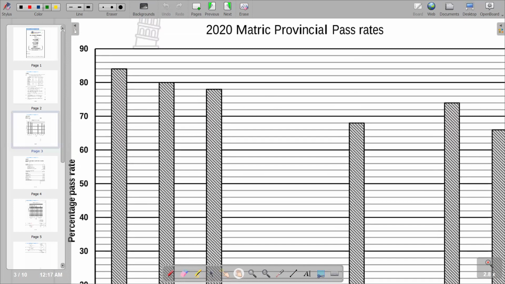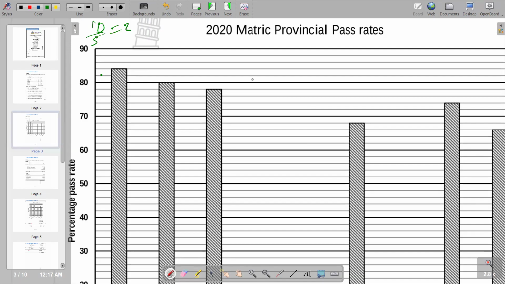To check our 85, we look between 80 and 90, where we have 5 rows. The difference is 10, so if you say 10 divided by 5, we are going to get 2, which means each horizontal line is representing 2.